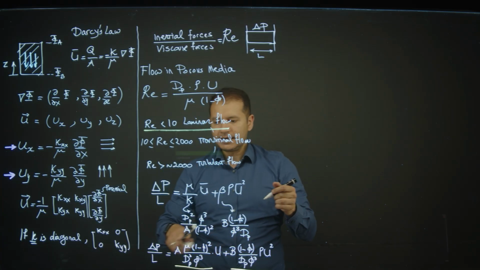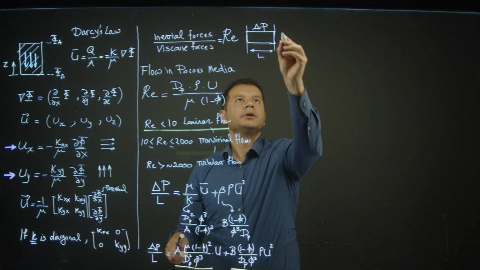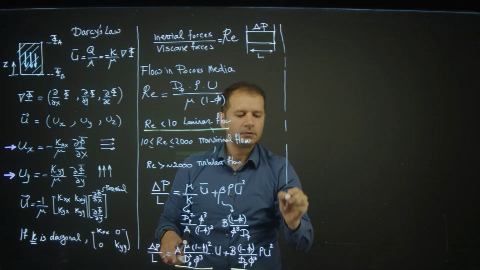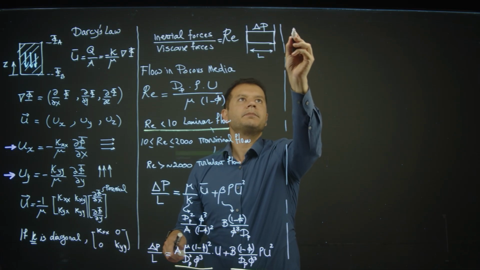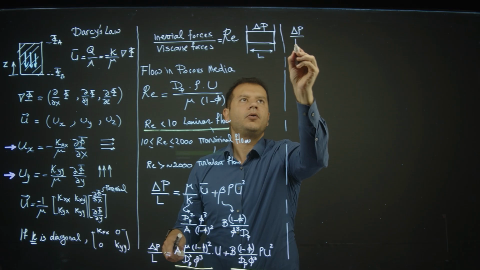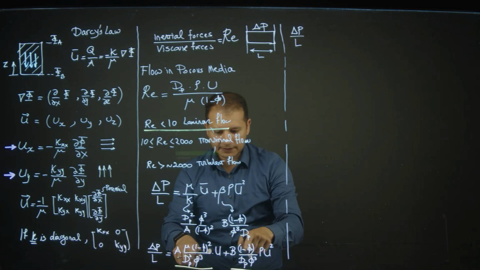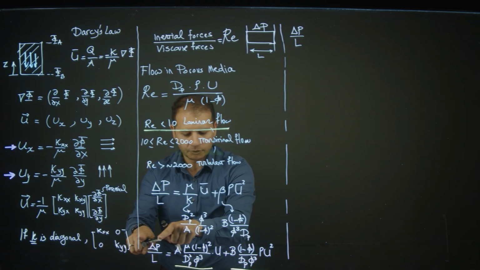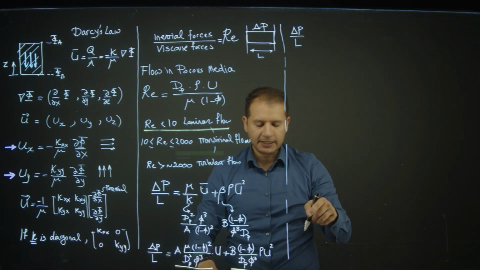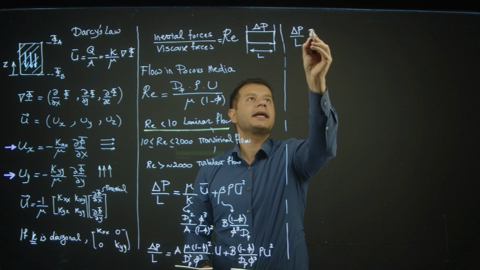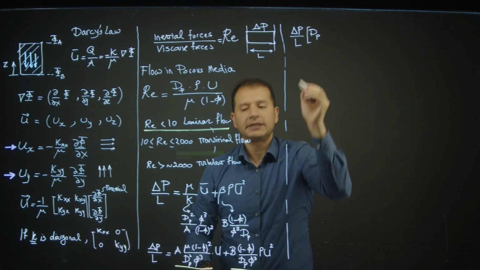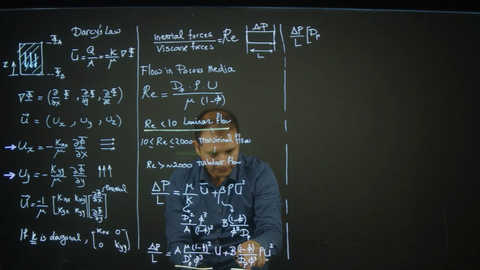So I get the delta P over L here. I am going to continue getting the delta P over L. And then I'm going to take some parameters from the denominator to the numerator. You see directly that I have grain size diameter here that I can take to the top from the denominators.